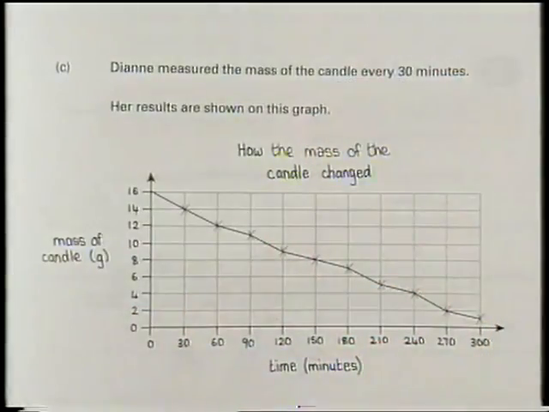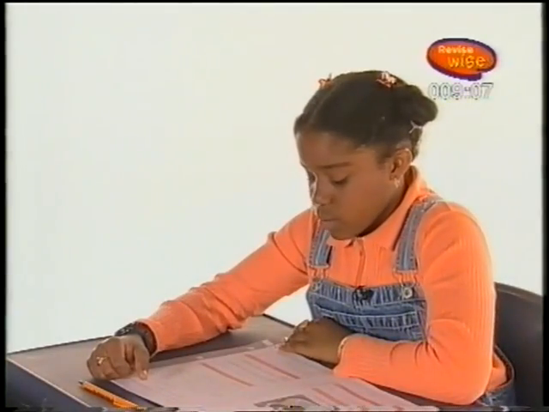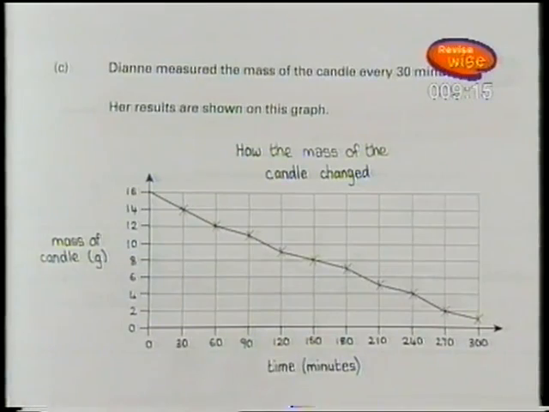Now on to the next part of the question. Diane measured the mass of the candle every 30 minutes. Her results are shown on this graph. What happened to the mass of the candle while it was burning? That's a bit difficult. Let's have a look at Diane's graph in the question. It says Diane constructed this graph with her results. What she did was to measure the mass of the candle every 30 minutes.